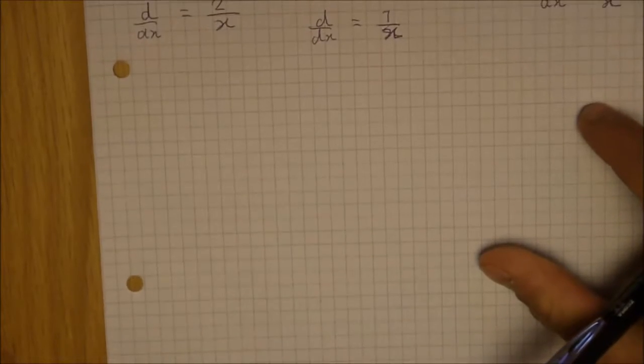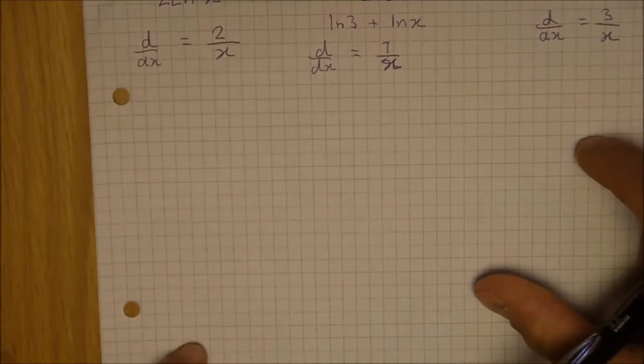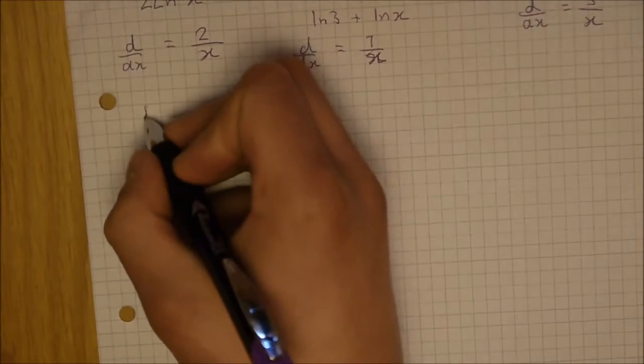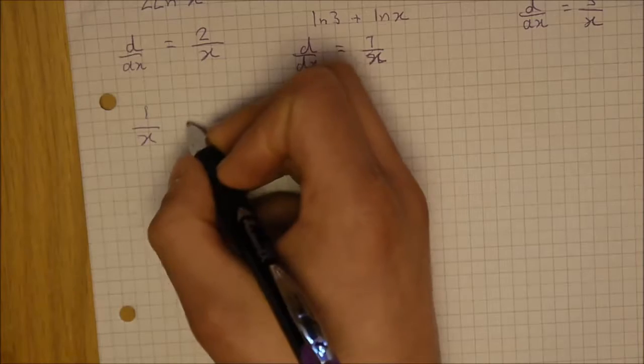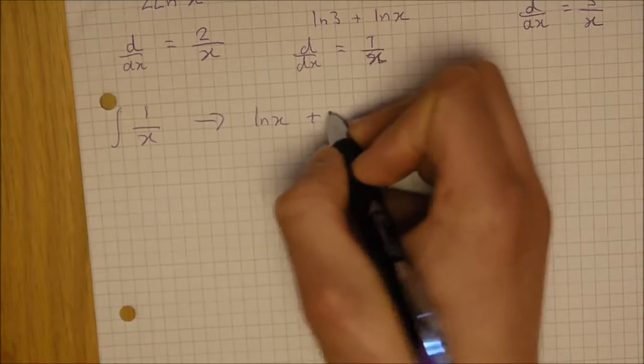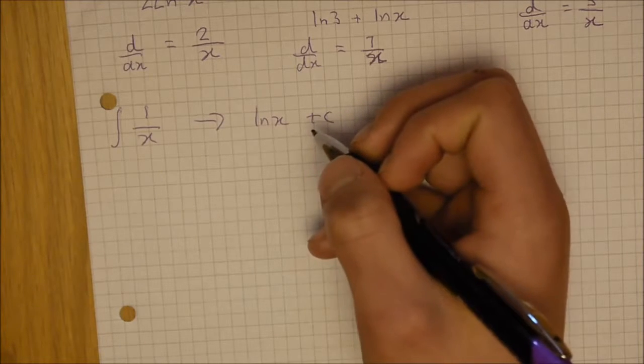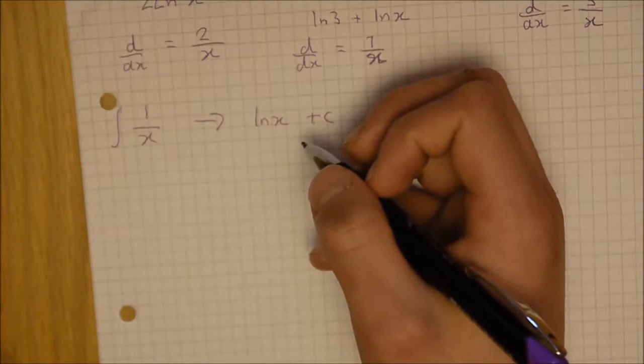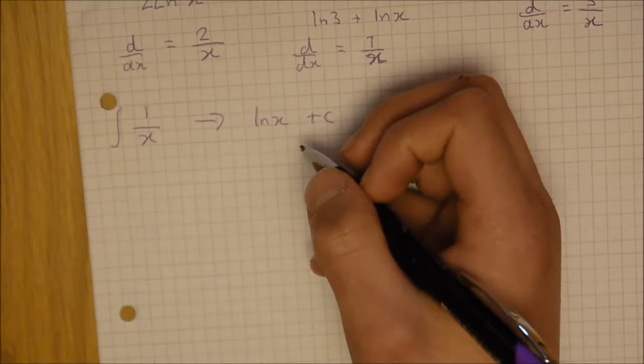Now then, we're going to move on a bit to how to integrate. So we've got 1 over x integrated becomes ln x plus c. So we're going to find a couple of examples to show you what that all means.